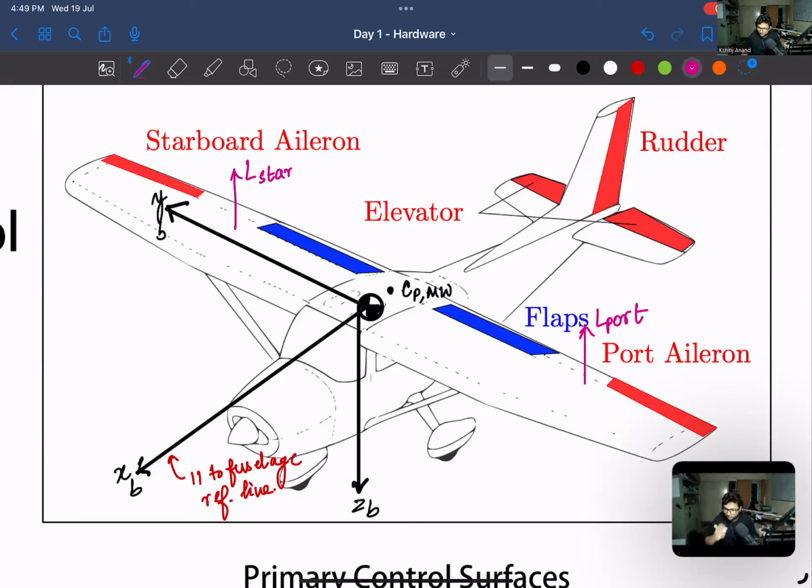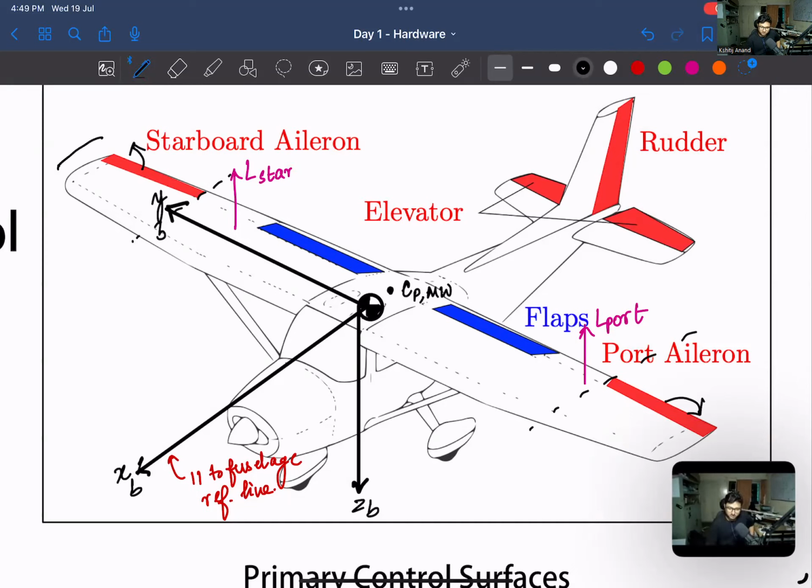Now what happens when suddenly I tilt this aileron down? I turn this aileron down and this aileron up. Now this portion of the wing and this portion of the wing are going to produce lifts in opposite directions because this is up, right?